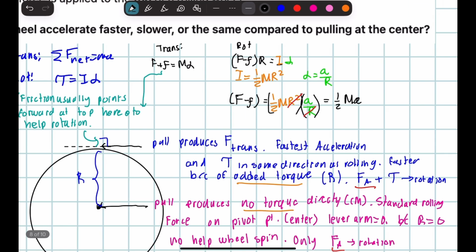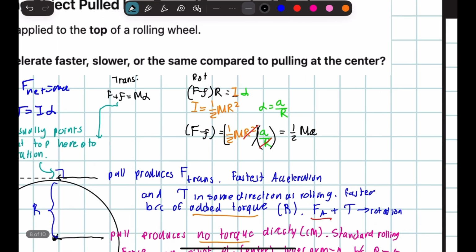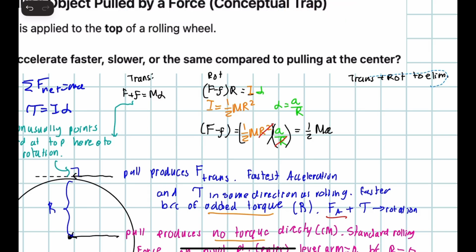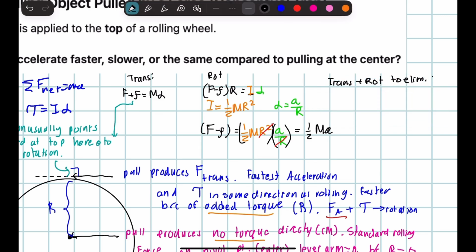So therefore, you can add the translational plus rotational to eliminate f. So then you have 2F is equal to 3 over 2 ma, so then the a at the top is equal to 4F divided by 3m.